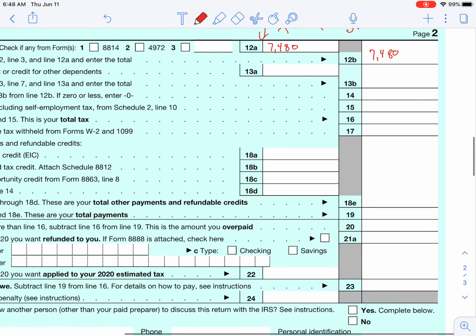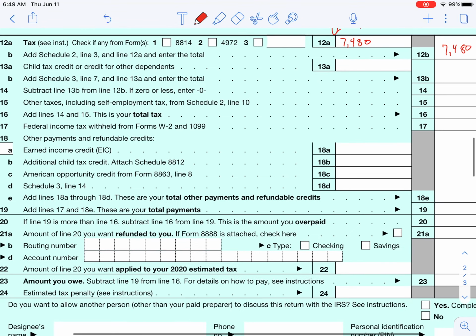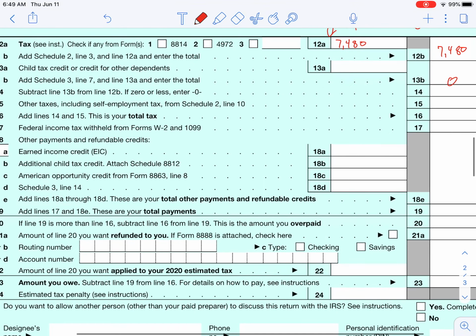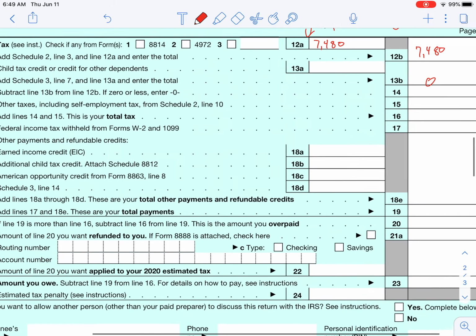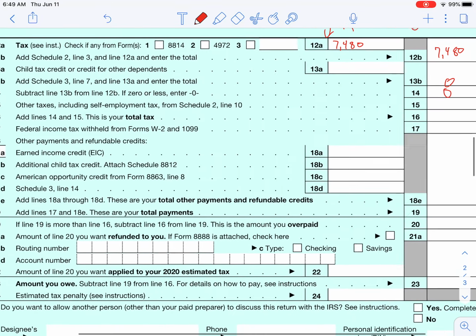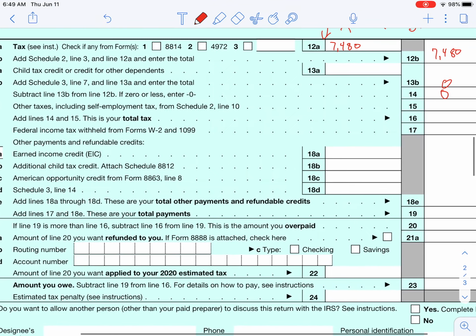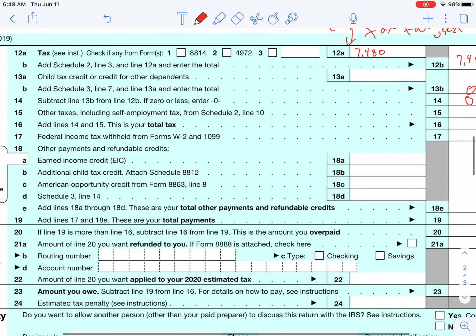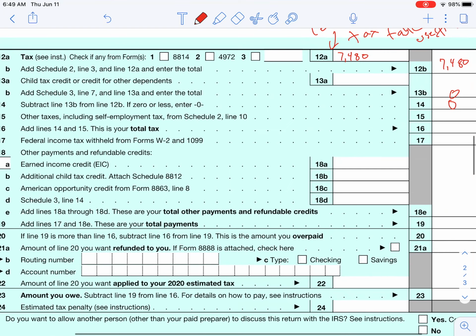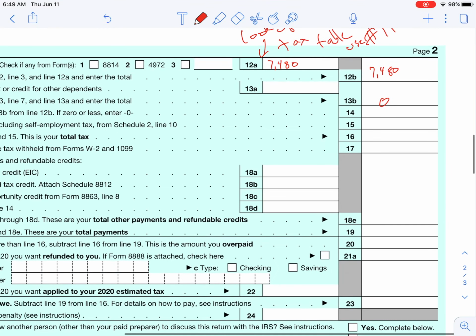Now comes a bunch of zeros. So 13 is 0. 14 is 0. 15, I'm sorry, 14 is just subtract these two. 7,480.